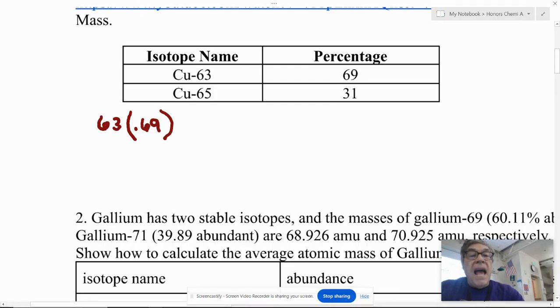The other mass is 65, and it's 31 out of 100, so I'm just going to do 0.31. That, to me, is the easiest way to do the work for these.